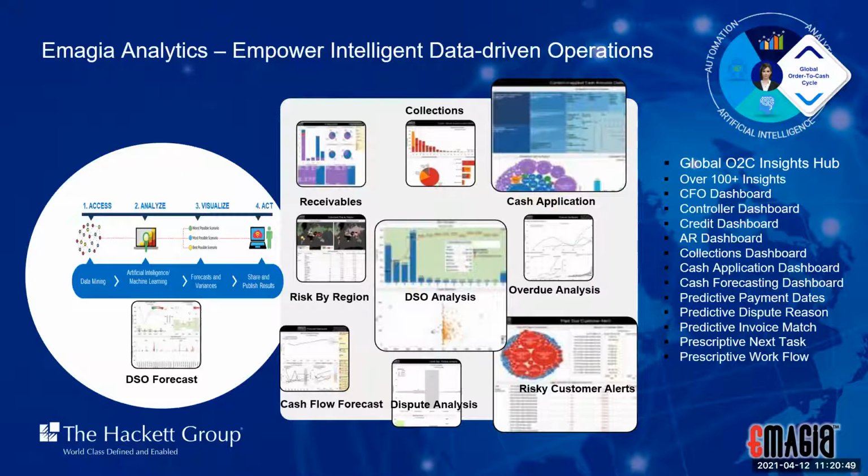And that's a big portion of the Imagia system, where we take volumes of data in from all of your different systems, process that, and guide you exactly: here is what your customer payment behavior looks like, this is the propensity of dispute on a particular invoice, or this is the cash forecast day by day or week by week.